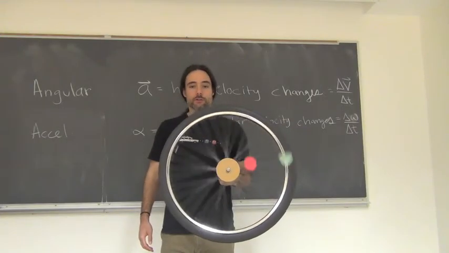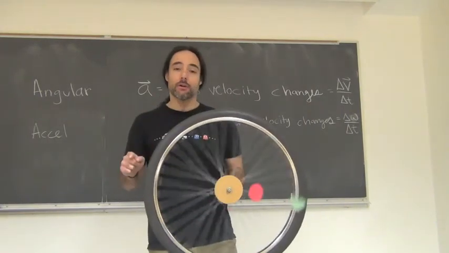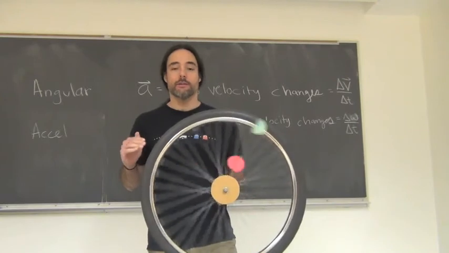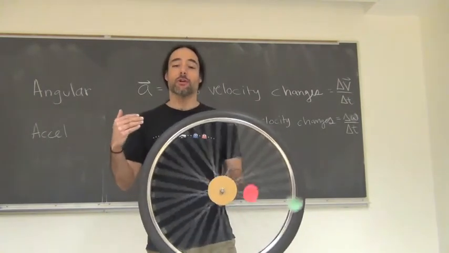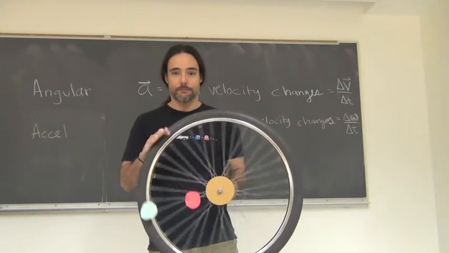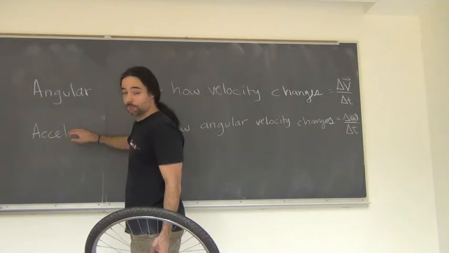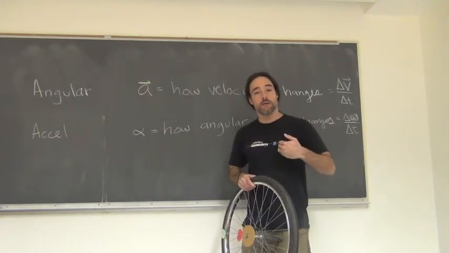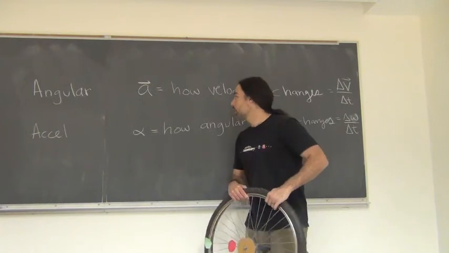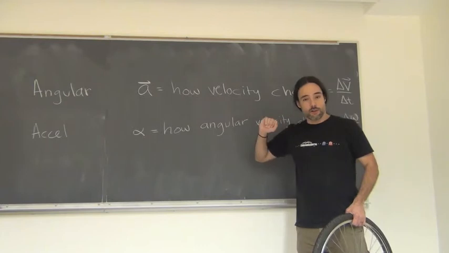We've talked about how angular velocity tells me how the angle of an object, either in uniform circular motion or a rotating object, changes over time. Now I want to talk about angular acceleration. Again, I want to make an analogy with regular linear motion, with our regular old acceleration.